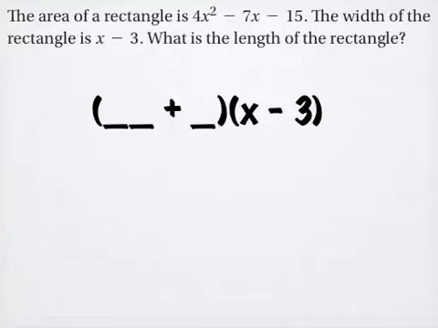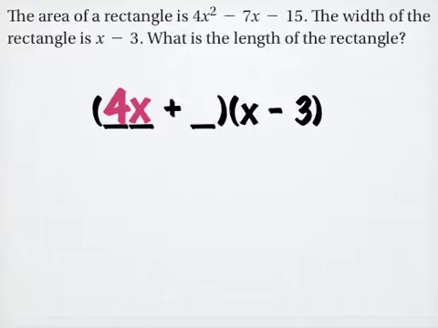If you look at the original trinomial, when I multiply my first terms, if you think about foiling, I'm not sure what my first term is for the length of the rectangle, but I know when I multiply it by x, they need to have a product of 4x squared. Well, what times x equals 4x squared? 4x times x is 4x squared.